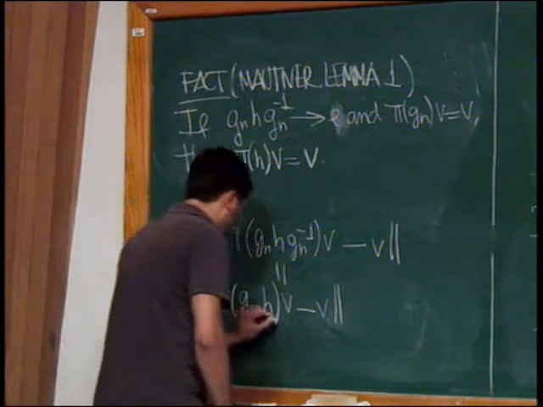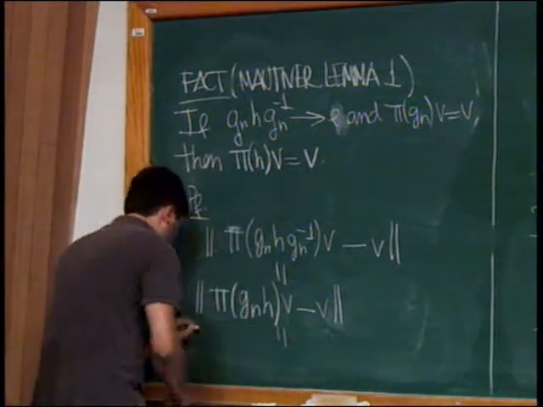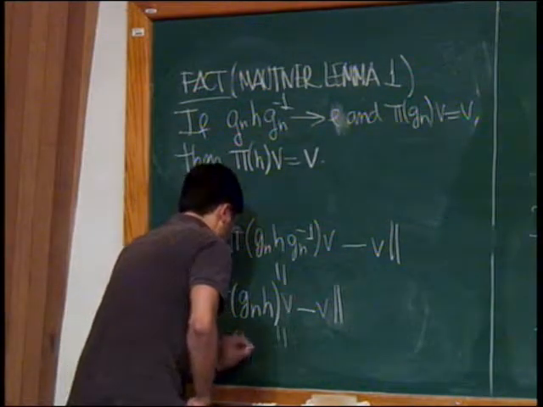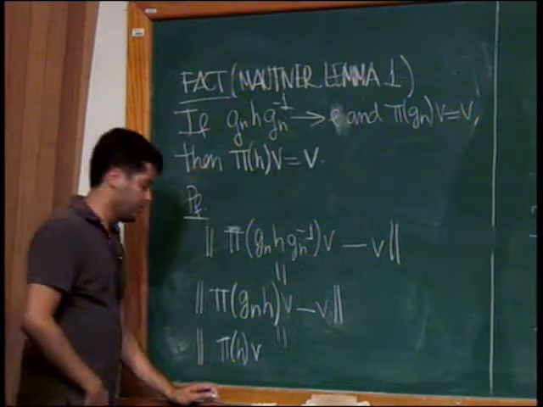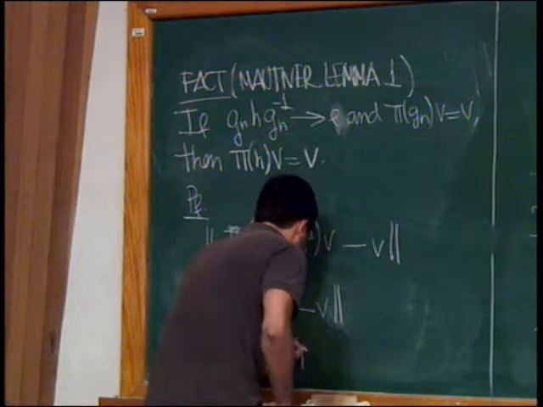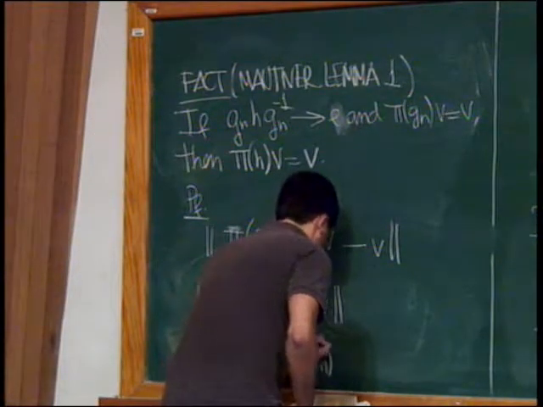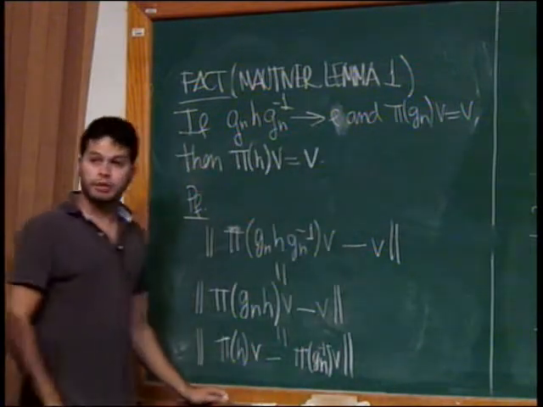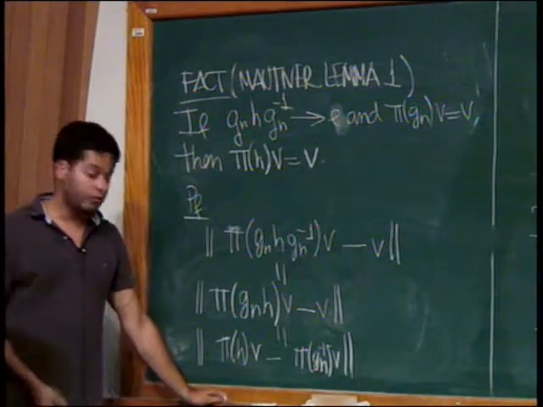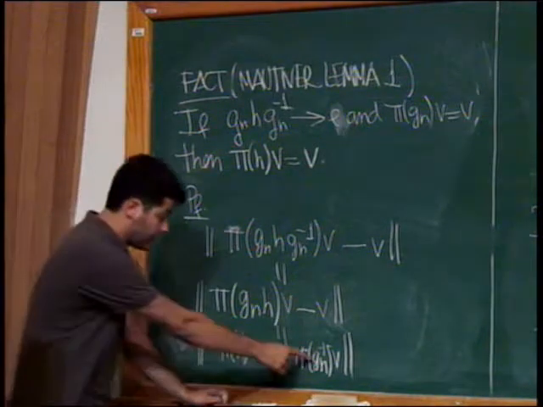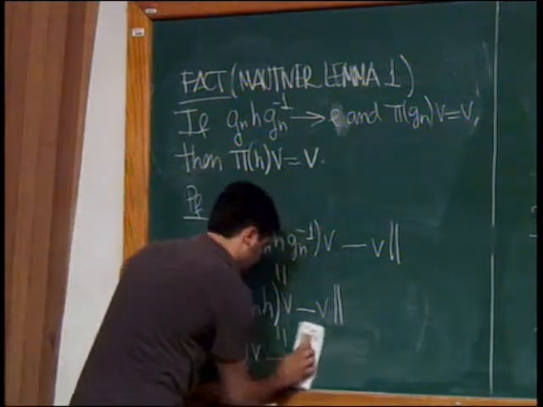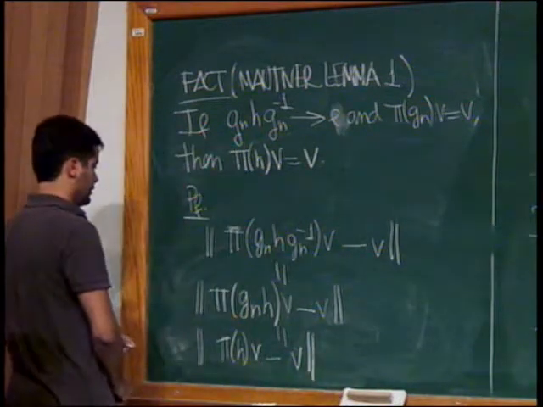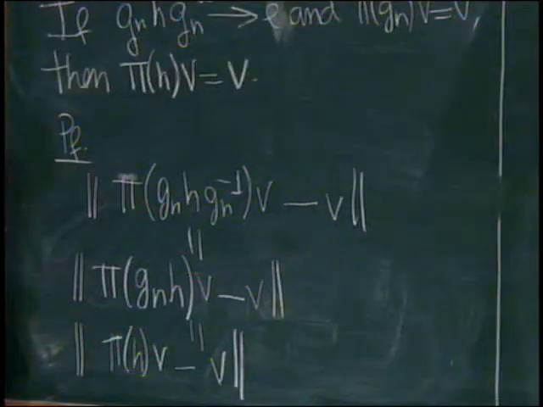If you apply it to this expression, on the left side you get pi of H of V, and on the right hand side you get pi of G_n to the minus 1 of V. But G_n fixes V, so this is also equal to V. So what I just showed is that this is 0.